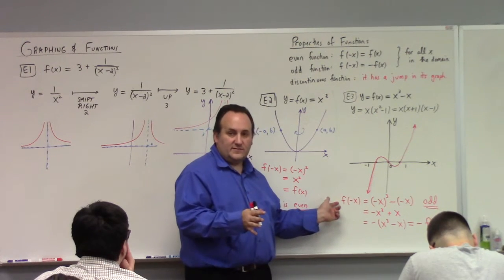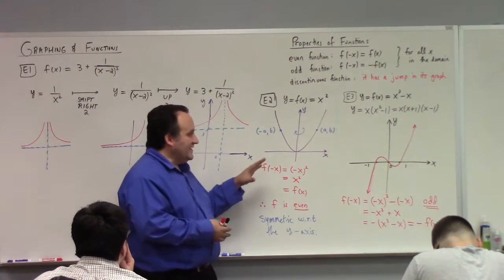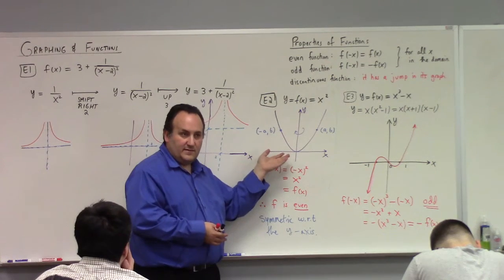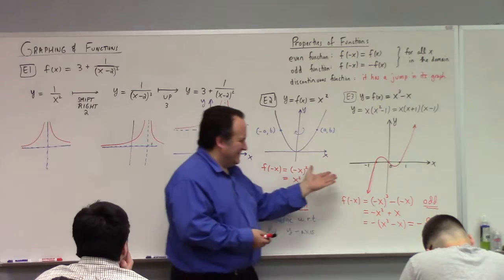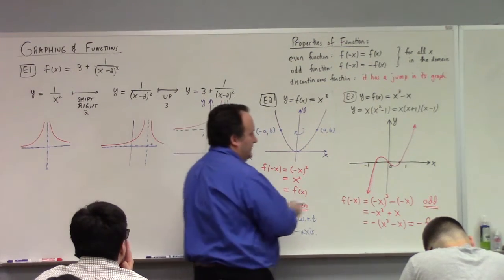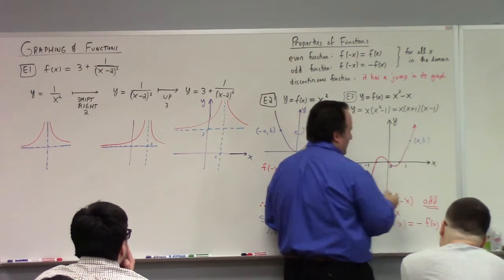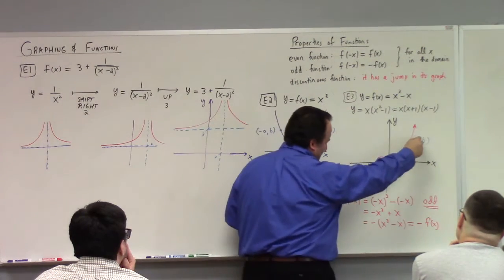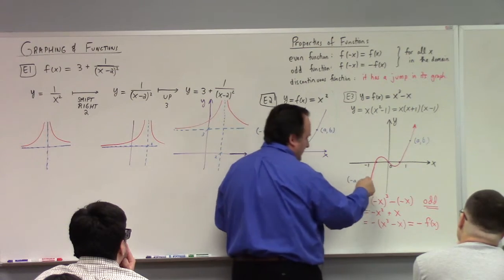On the other hand, you could judge even or odd from the graph, right? A function is even if its graph is symmetric with respect to the y-axis. A function is odd if its graph is like this. What do you say? What is this? So if we look at the point (a, b), what's its partner with respect to this pattern? There's also a corresponding point over here, (minus a, minus b).